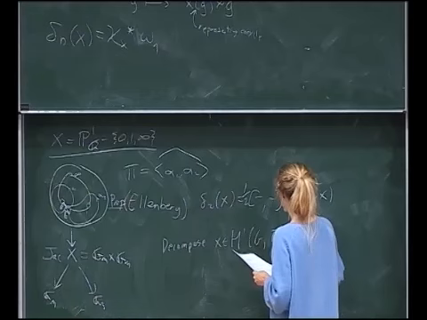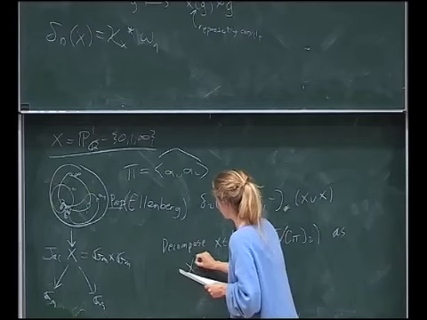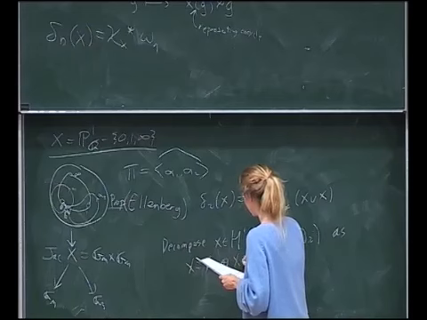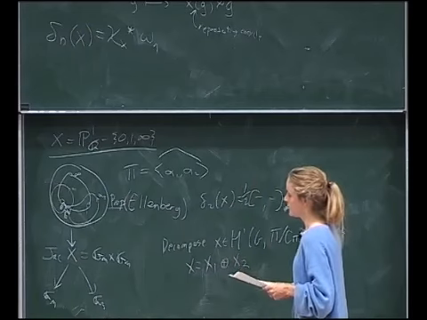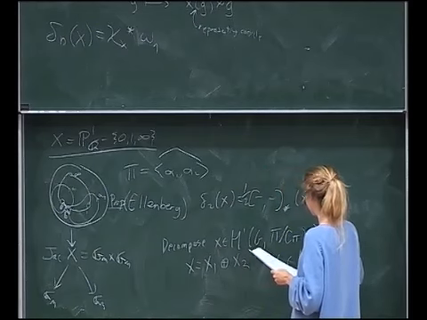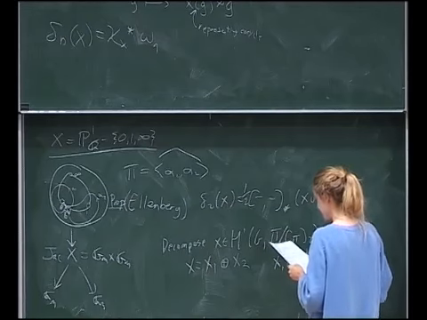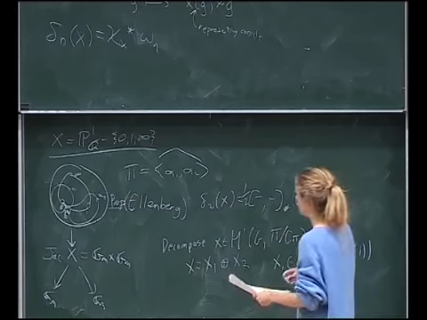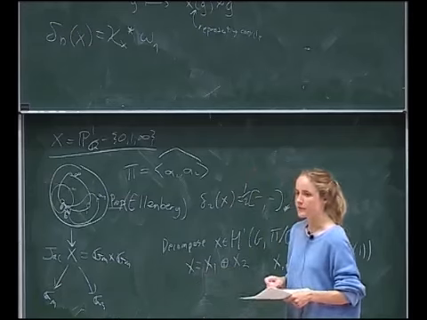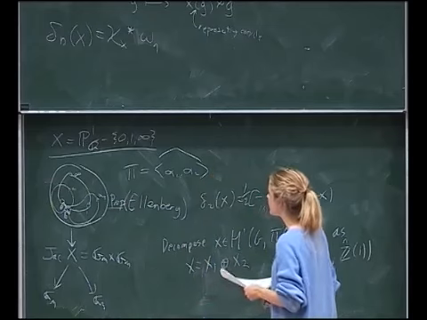These 2 projections mean that we can decompose x in H1(G, pi 2) as x equal to the coordinate on the first G_m, direct sum the coordinate on the second G_m, where x_i is in H1(G, C hat 1).